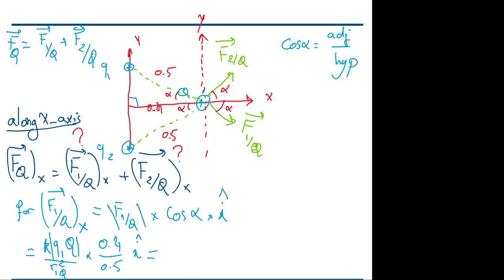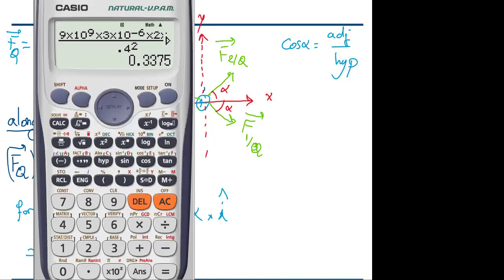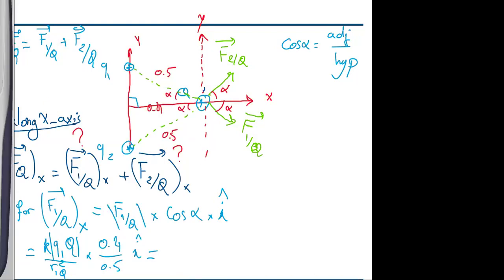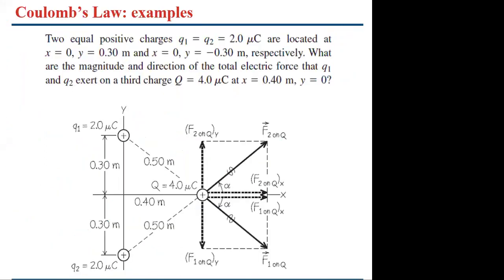Okay, good. So let's do the calculations. F1 on Q along x is equal to k, which is 9 times 10^9, times q1. How much is q1? He said in the figure 2 microcoulomb.